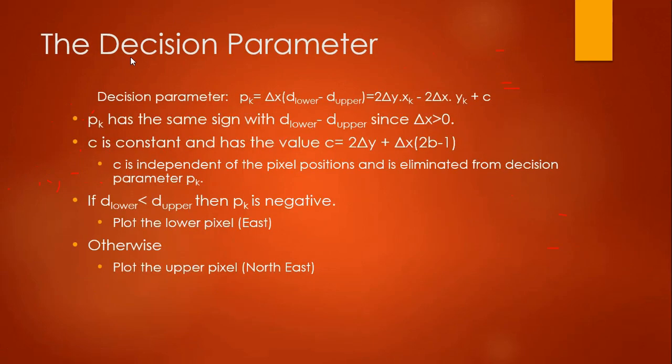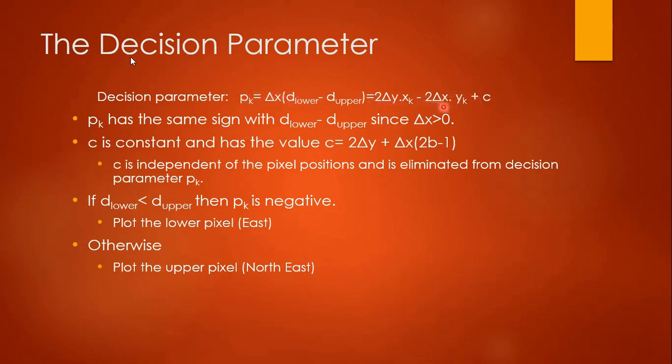So what about the decision parameter? The decision parameter formula is pk equal to delta x into d lower minus d upper, which is 2 delta y into xk minus 2 delta x into yk plus c. Here c is the constant. The constant value does not change anything for the decision parameter.